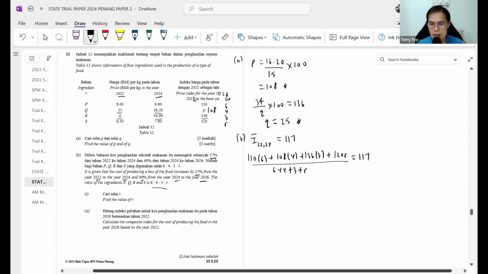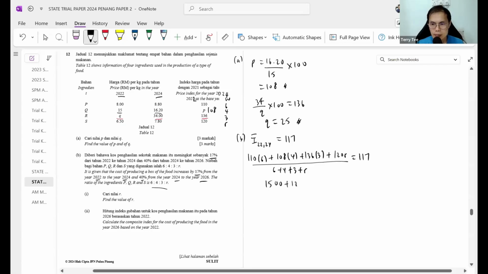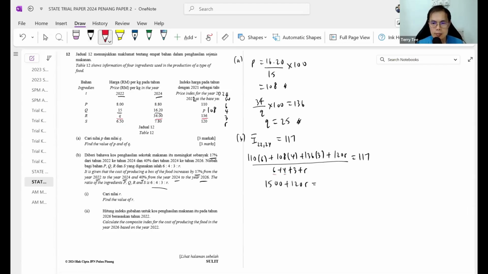Okay, so let's count this. 110 times 6 is 660. 108 times with 4. Then 136 you multiply by 3. This will give us 1,500 plus 120R. 6 plus 4 plus 3 is 13.